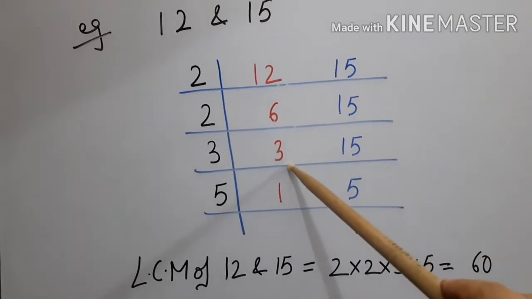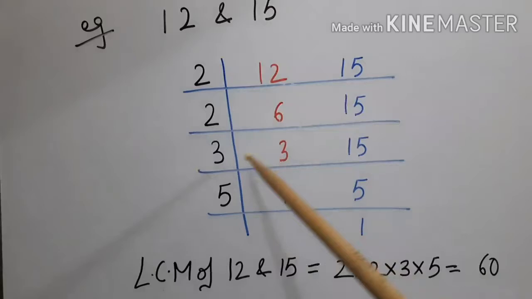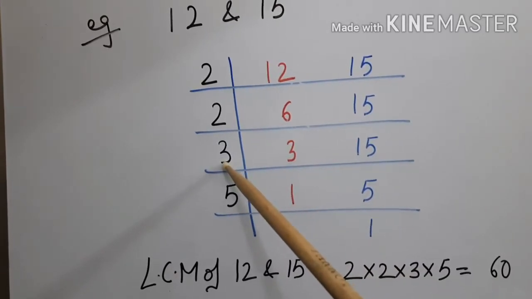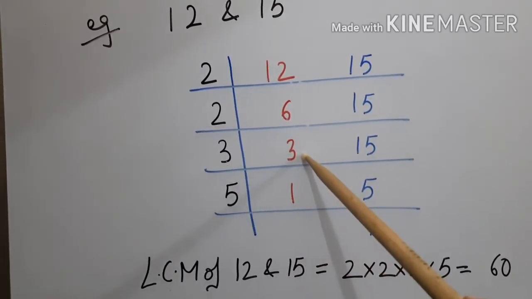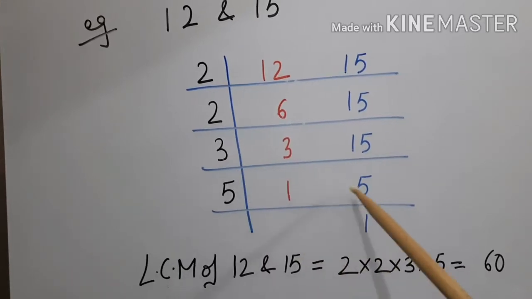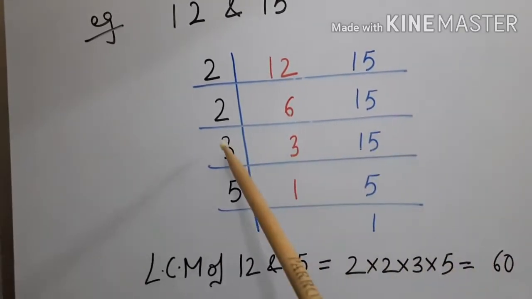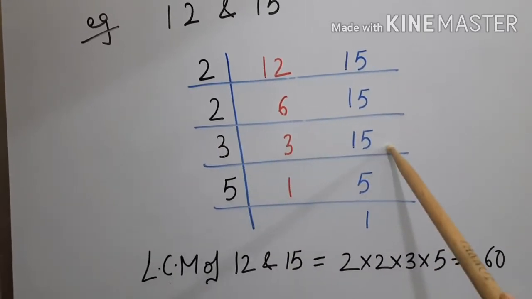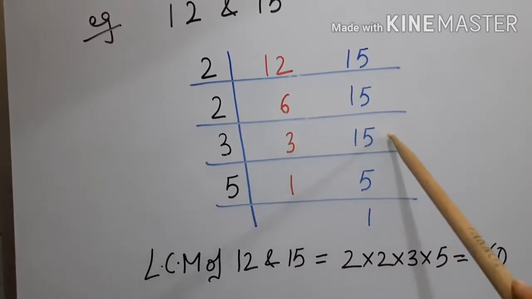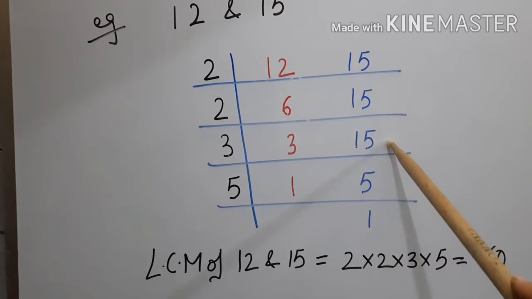Now here it is 3 and 15. They both come in the table of 3. 3 1s are 3, 3 5s are 15. So if a number divides both numbers, we keep dividing both numbers simultaneously.